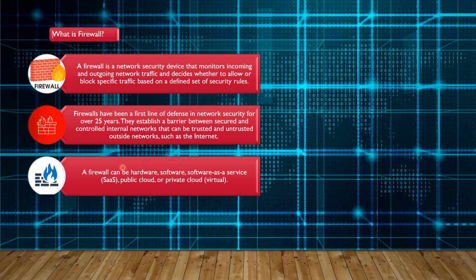In that case, the hardware is separately built for filtering and allowing the network traffic. Examples of hardware firewalls are Palo Alto, Checkpoint, FortiGate, ASA. There are multiple, and software is our Microsoft Defender.